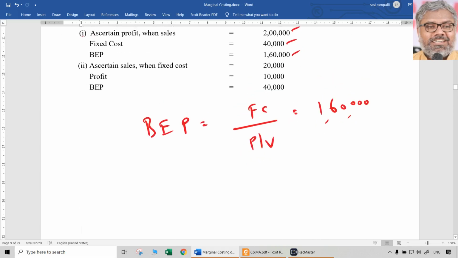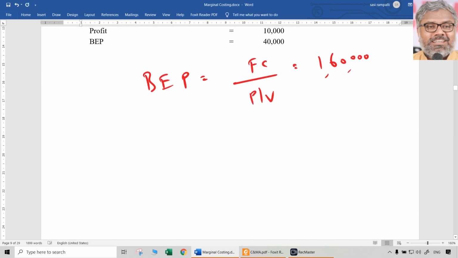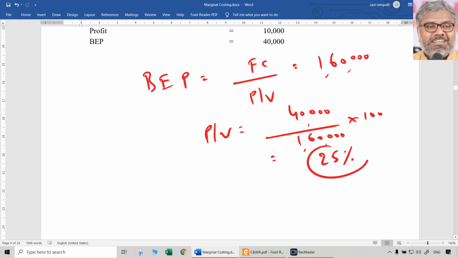Right? Fixed cost is given, 40,000. So substitute there. So how much will be PV ratio then? Fixed cost 40,000 divided by break-even point 1 lakh 60,000. Either way, in whatever manner, we should be able to find out what we want. So 40,000 divided by 160,000 means how much? PV ratio 25% is the PV ratio.